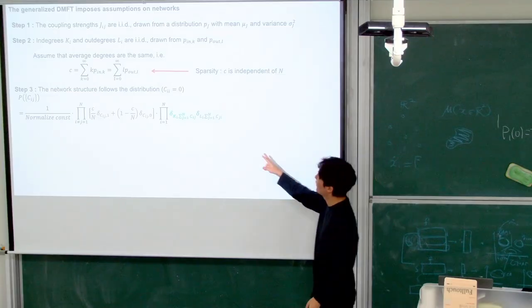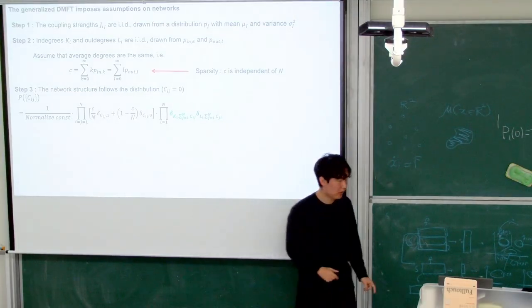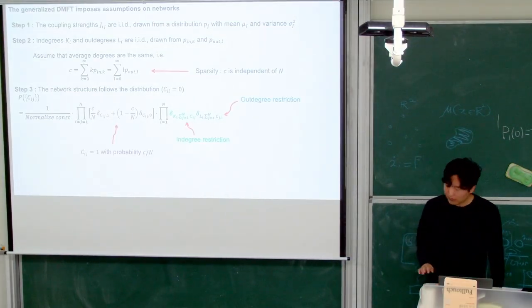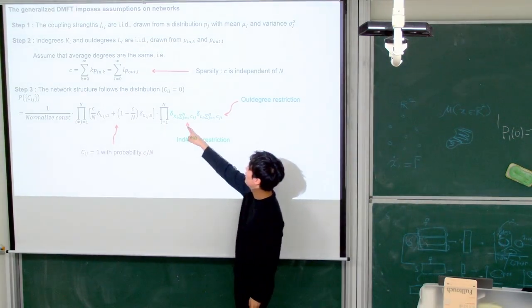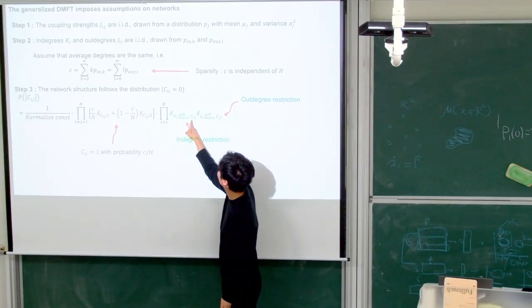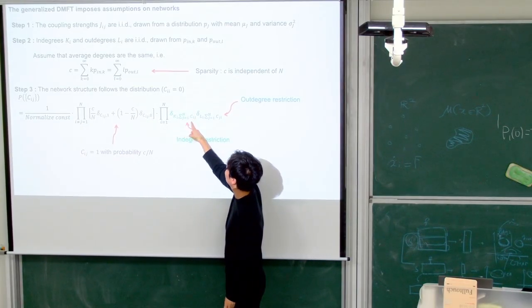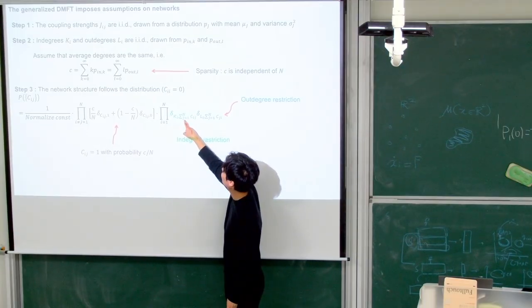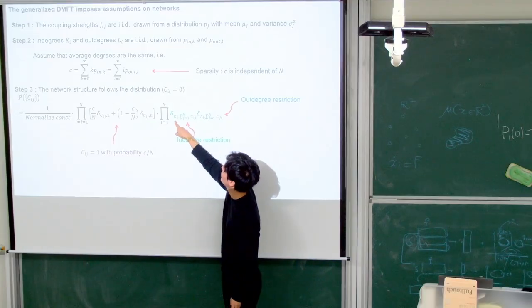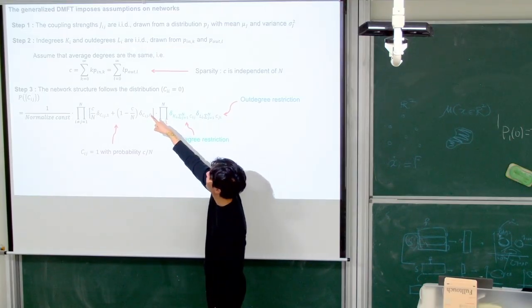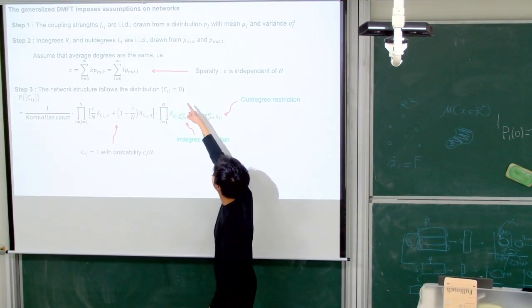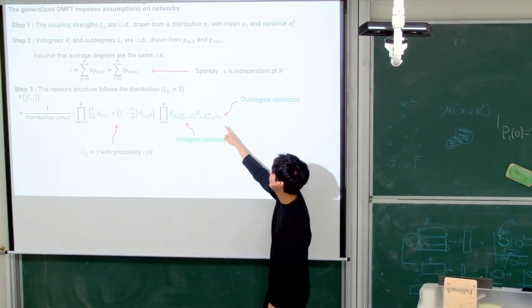Let's look at it one by one. The Dirac delta here imposes that the in-degree of Cij satisfies the number Ki, because you already set Ki and Li drawn from this distribution.